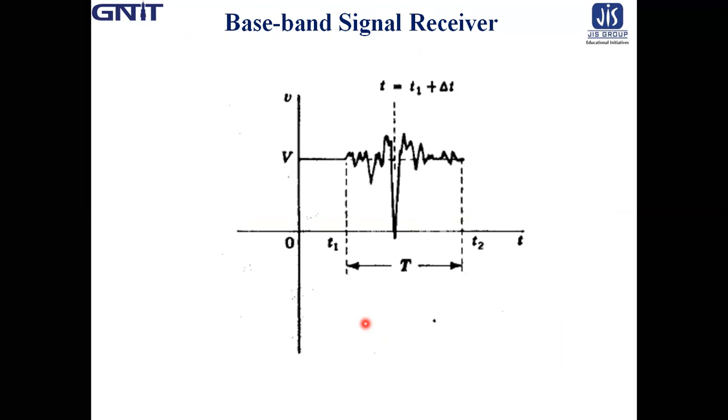the received signal and noise together, that is the received signal plus noise, will yield sample values, and generally they differ from plus V or minus V. Now suppose that the noise is Gaussian and the noise voltage has a probability density which is entirely symmetrical with respect to 0 volt.